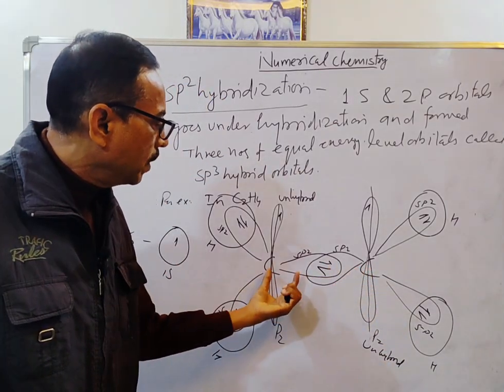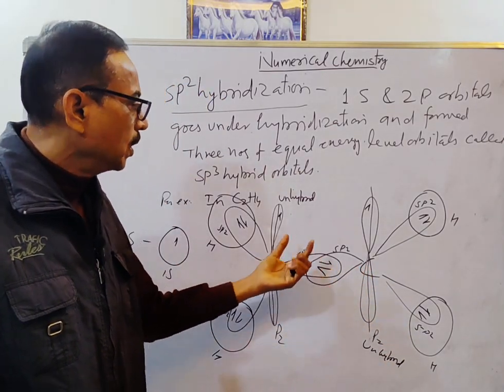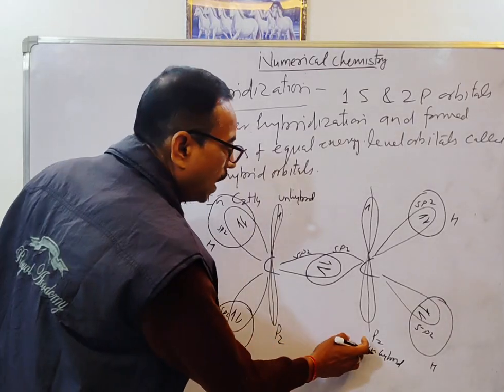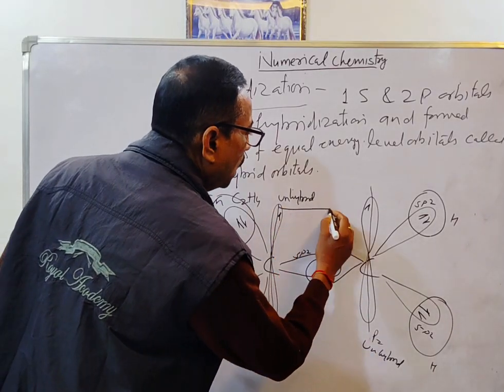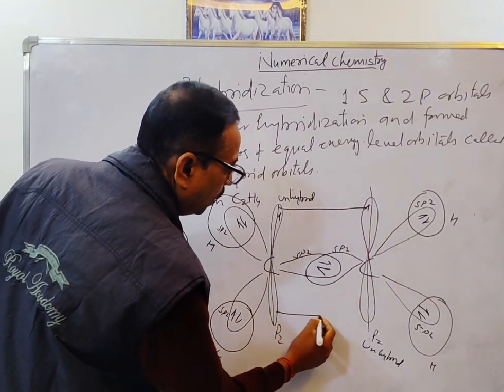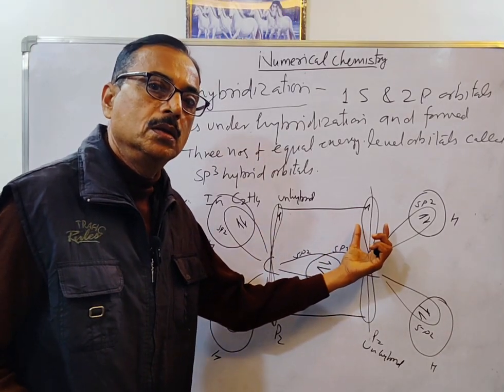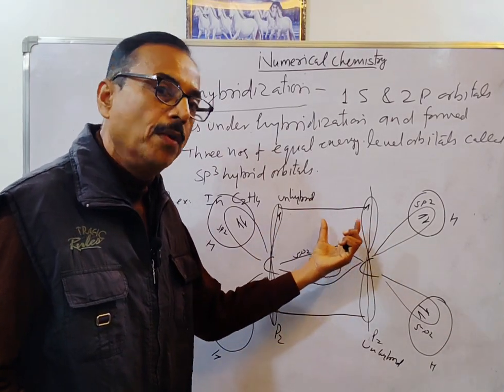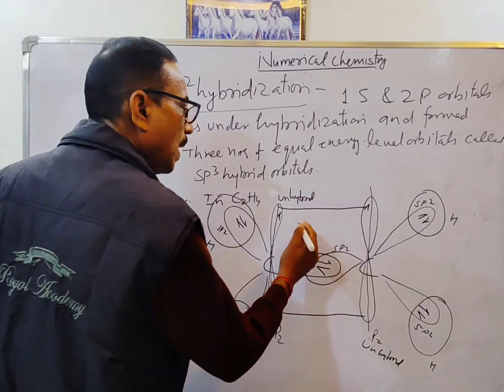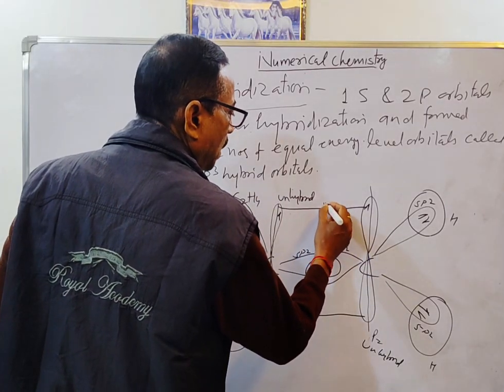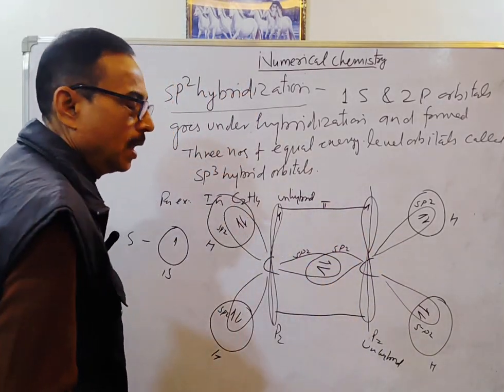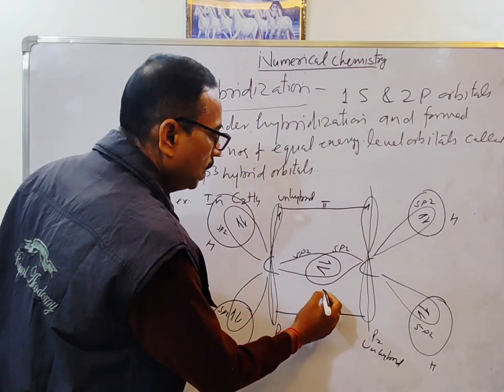So here carbon makes this electron, but pz is unhybrid, so this unhybrid orbital forms a separate bond. This is called pi bond. The unhybrid orbital forms the pi bond and the hybrid orbital forms the sigma bond.